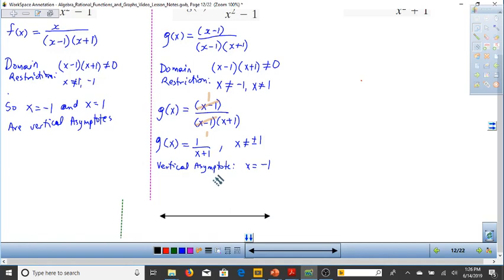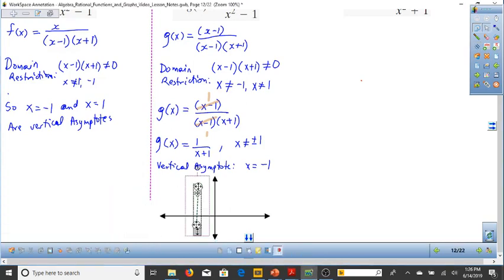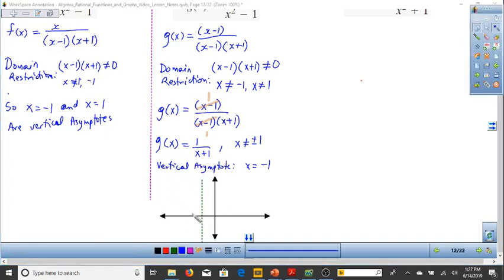So if I were to draw this graph, it would be a transformation of the graph of 1 over x by shifting it to the right, and then I would put a hole where x is equal to 1. So the graph will look something like this.